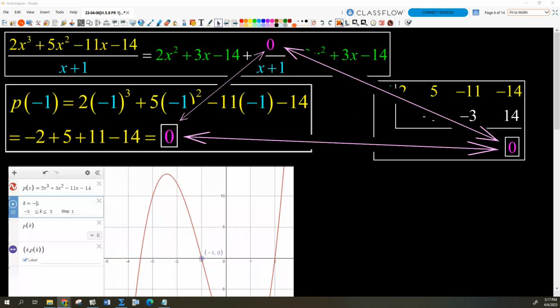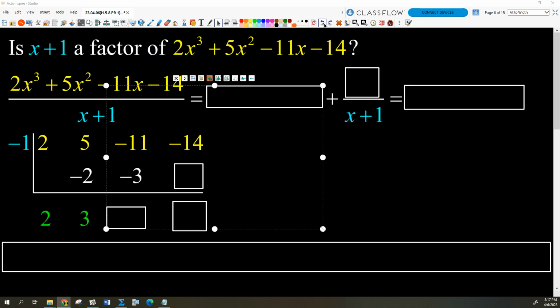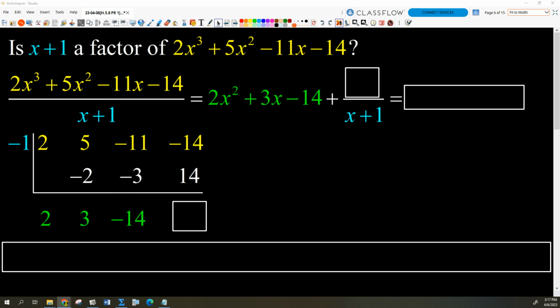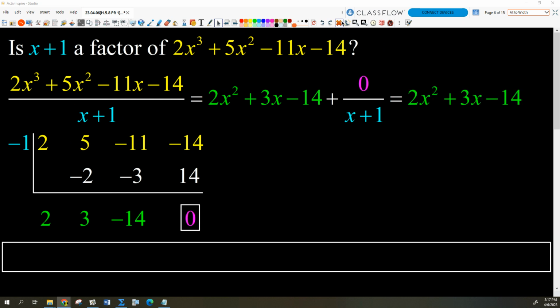If I add, I get -14. And that gives me the first part of my polynomial answer, not that I really care about it for this problem. And then -14 plus 14 is 0. And so I just get that answer, right? It does go in because there's no remainder. Okay, good? Everybody good?